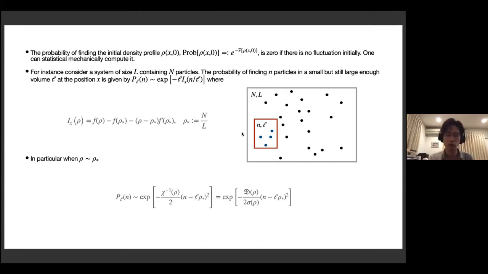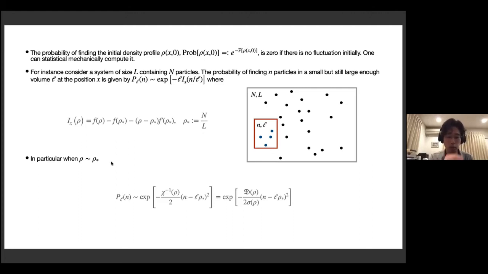You can do it. And at the end of the day, in the limit where both small l and large N are large, but the ratio is small because large L is much larger compared to small l, you get this kind of large deviation function, where f of rho is just the free energy as a function of density, and rho star is the density of the homogeneous background.